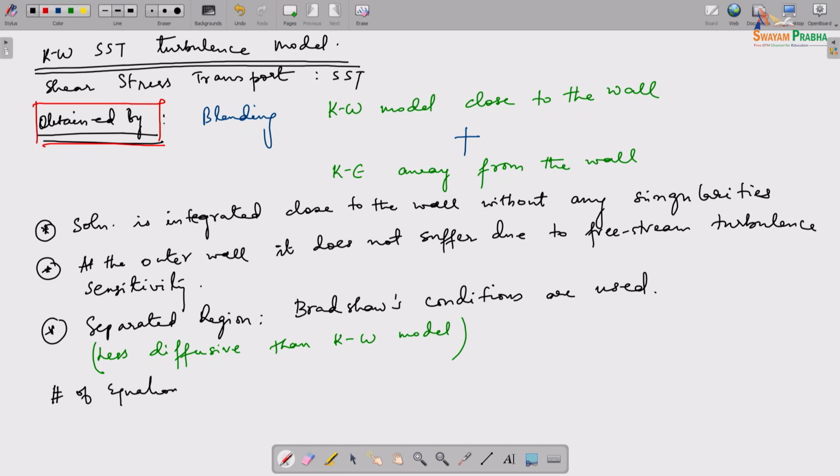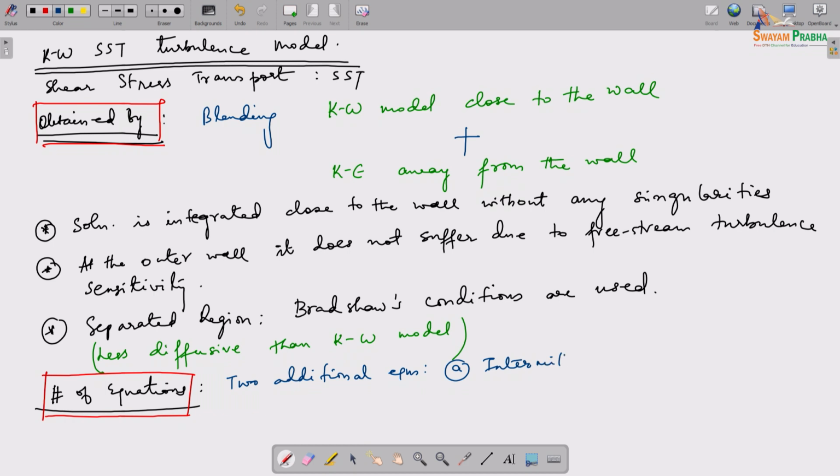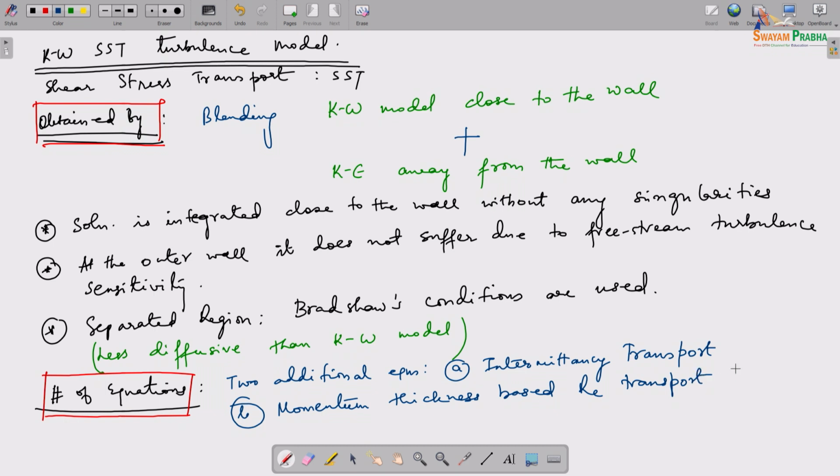Number of equations: two additional equations, intermittency transport and momentum thickness based Reynolds number, which is usually denoted by theta because momentum thickness is denoted by theta.